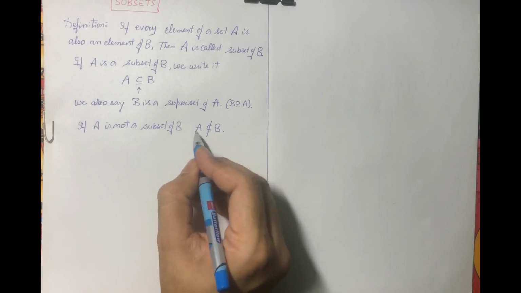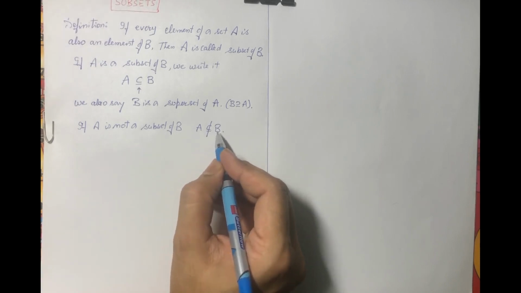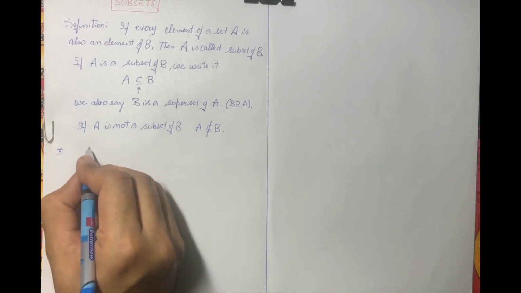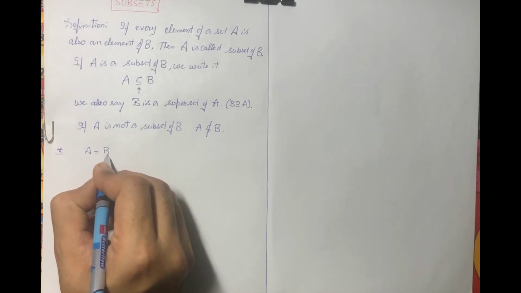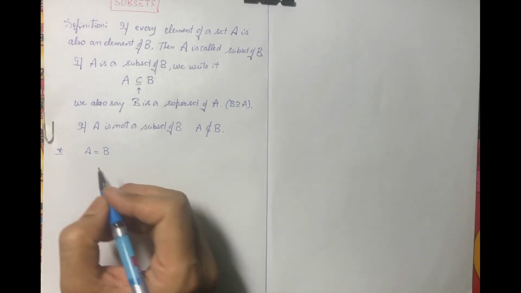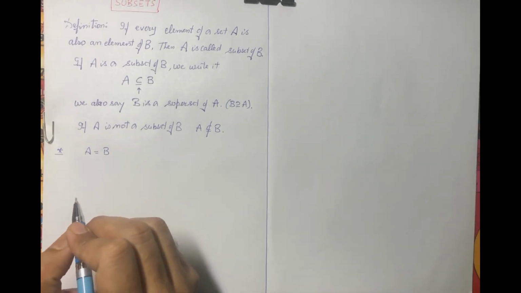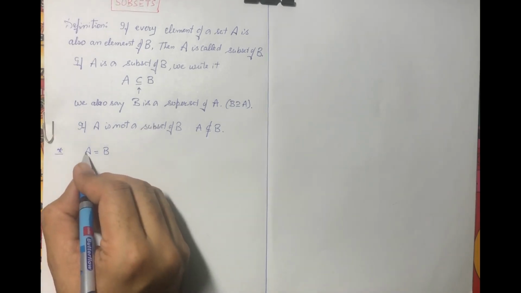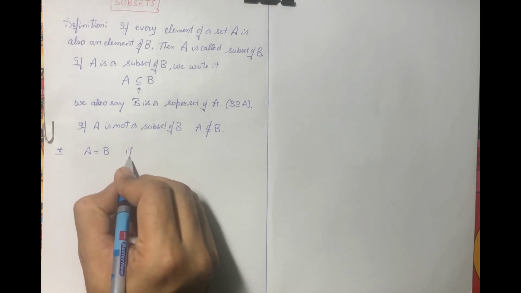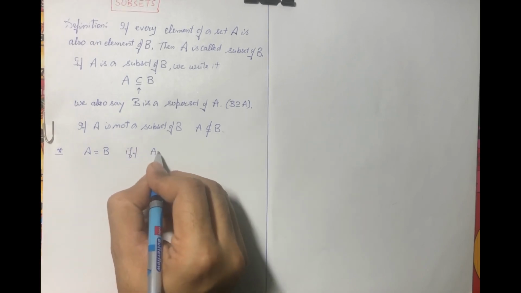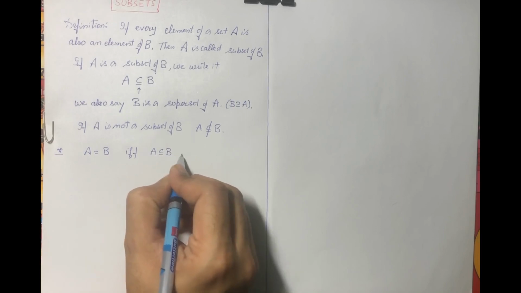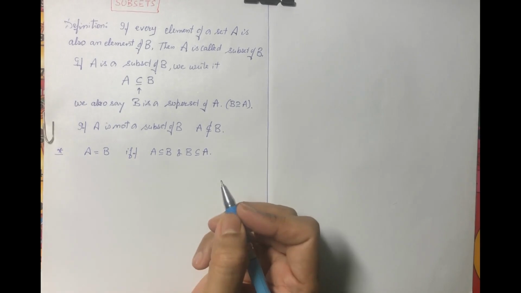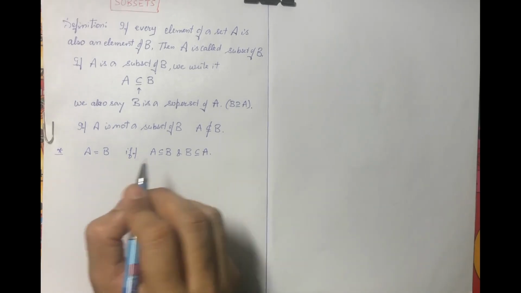This means A is not a subset of B. Here we make a remark that we already discussed the definition of equal sets. Using subsets, how can we prove sets are equal? They are equal if and only if A contained in B and B contained in A. Then two sets are said to be equal.